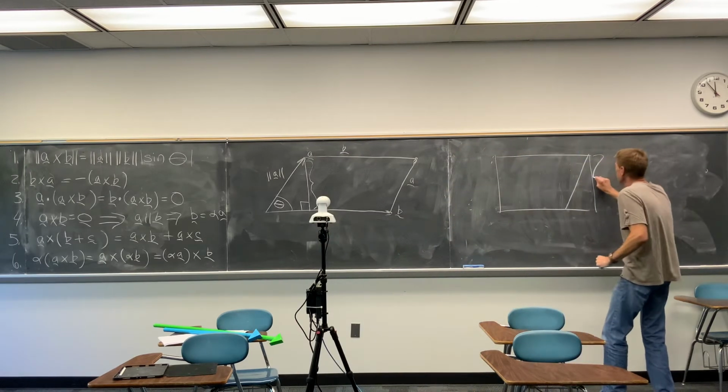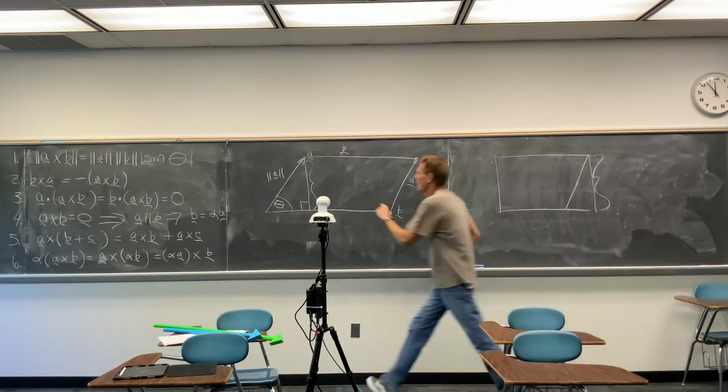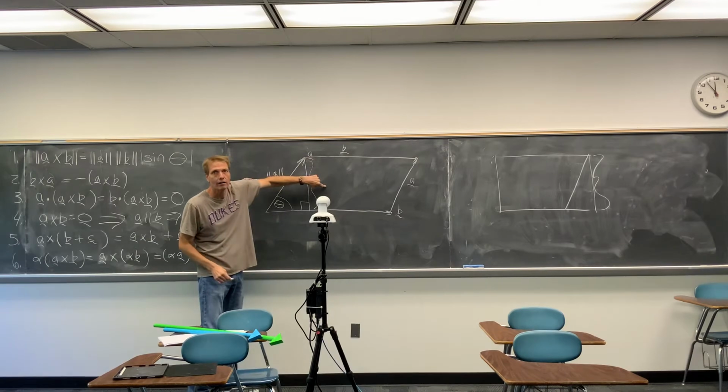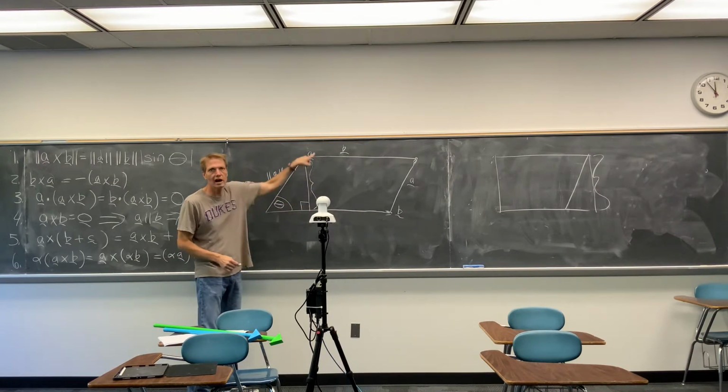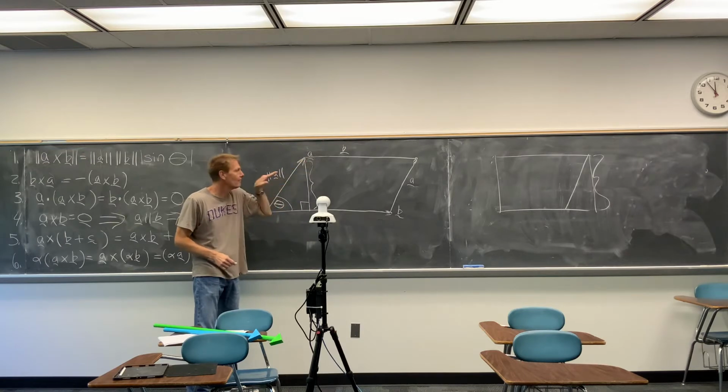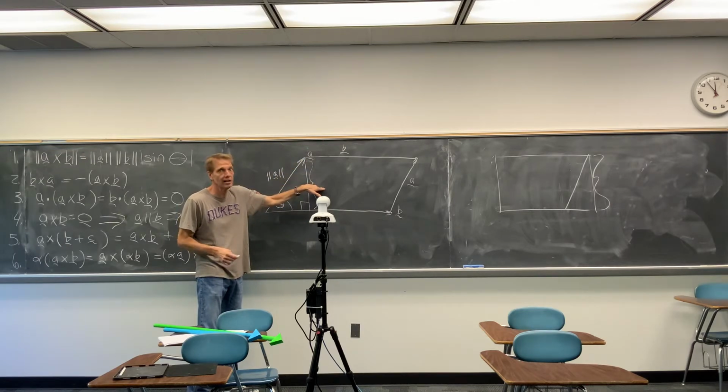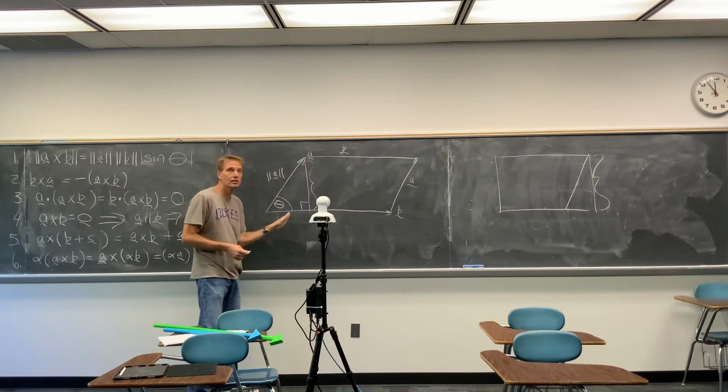What did you guys have for this width? What value did you have? Some of you guys, I looked, some of you had it. Look at the right triangle: the hypotenuse is the norm of A. The angle is theta.